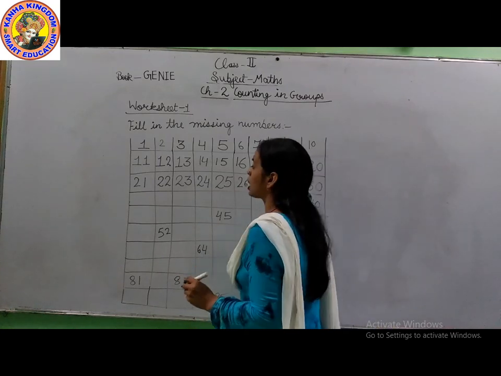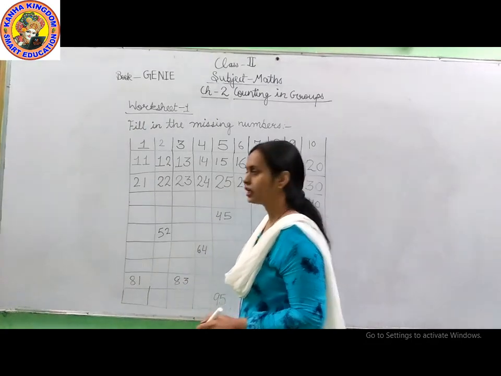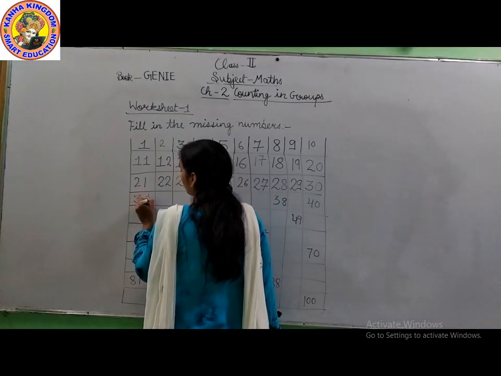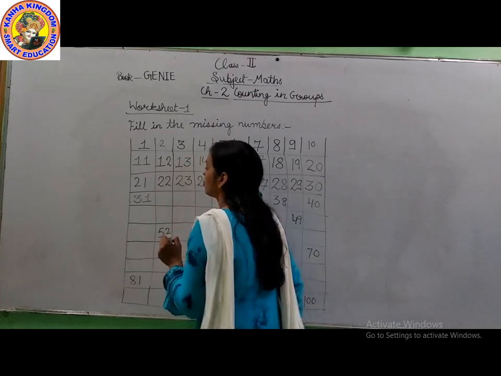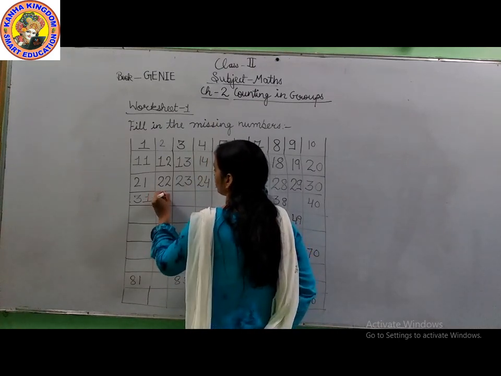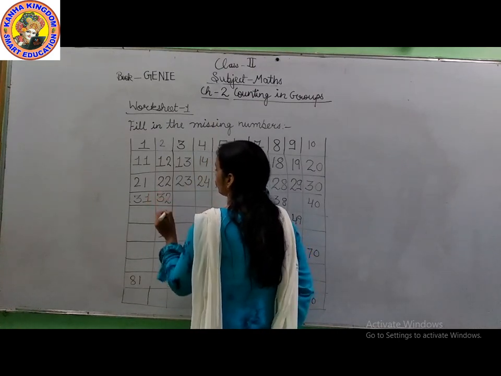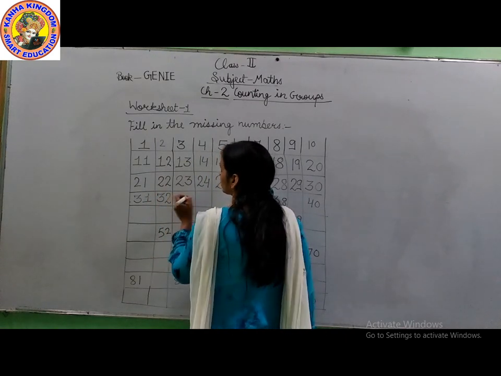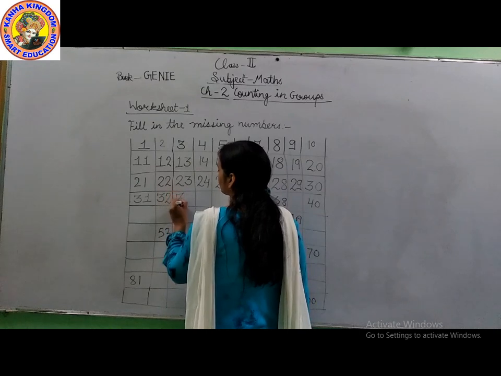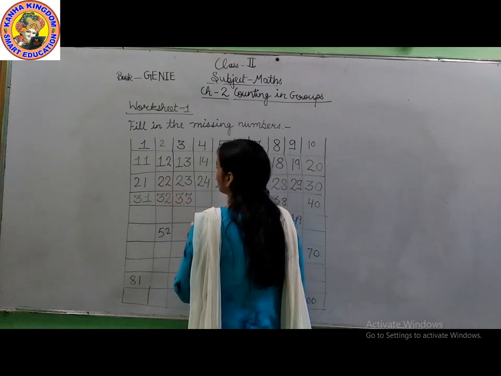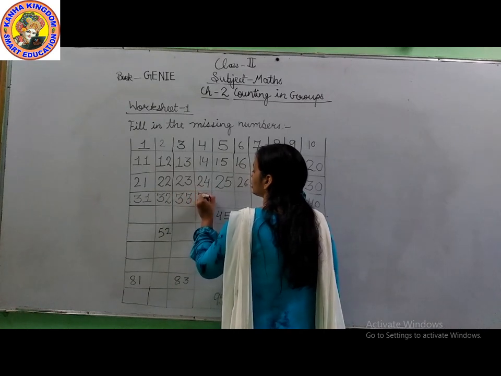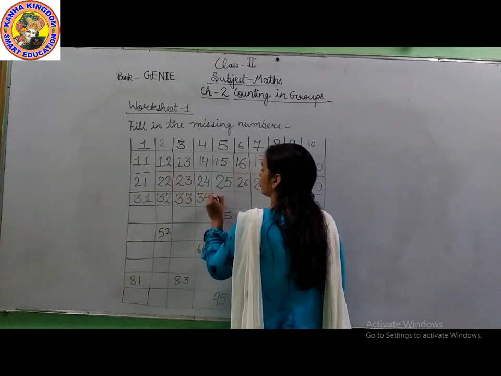Now, what comes after 30? 31. So, we write it here 31. What comes after 31? 32. Now, 32 after number is 33. 33 after number is 34.